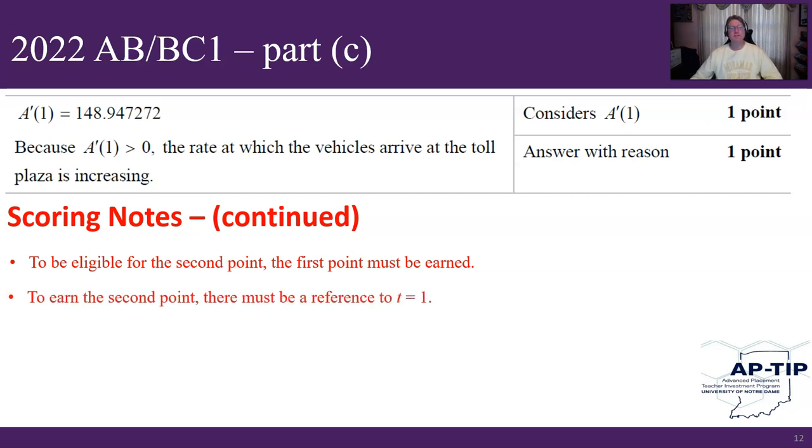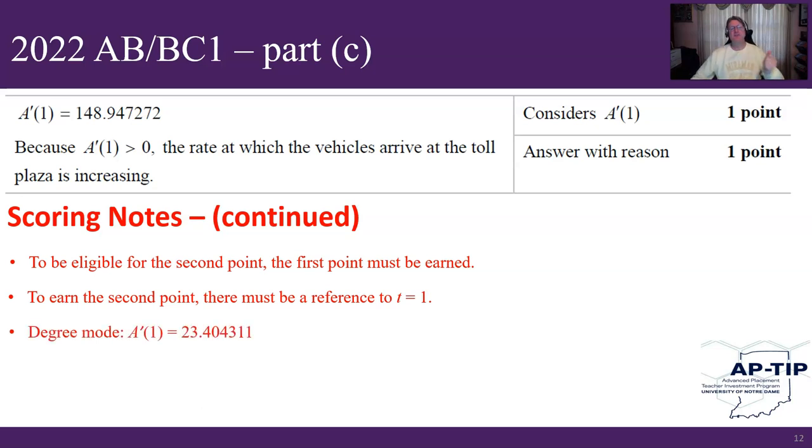Now, to earn the second point, there must be a reference to t equal 1. So we definitely need to see the A prime of 1, maybe the 148. They can't just simply say A prime of t is positive because obviously that's not true all the time.